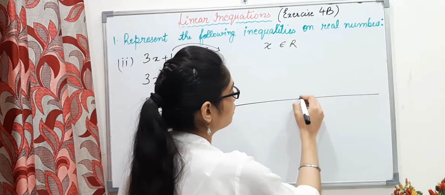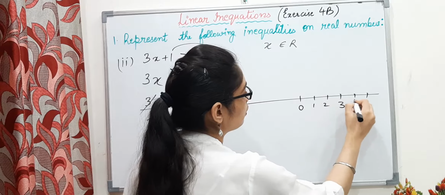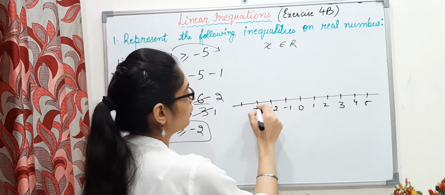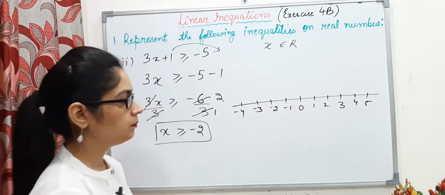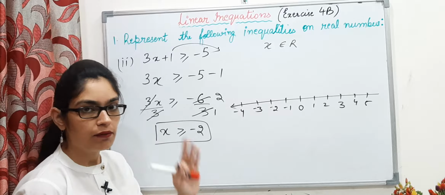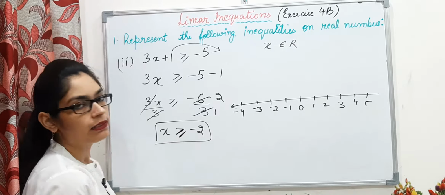Number line I will draw the same way: 0, 1, 2, here positive, and on this side negative, minus 1, minus 2, minus 3, minus 4. X is greater than, so we have to go on the right side, and this equality sign is also there.